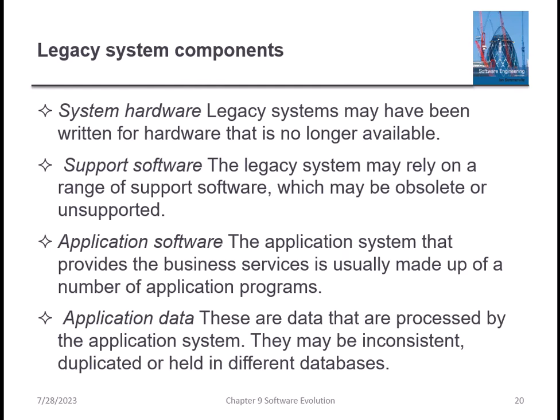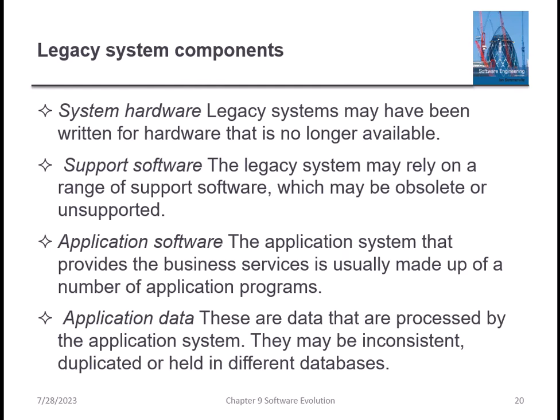Application software: the system that provides the business service is usually made up of a number of application programs, and there is a possibility that the business process changes. If the business process changes, this means the new business process is not supported by the application software. The application data is the data processed by the application.